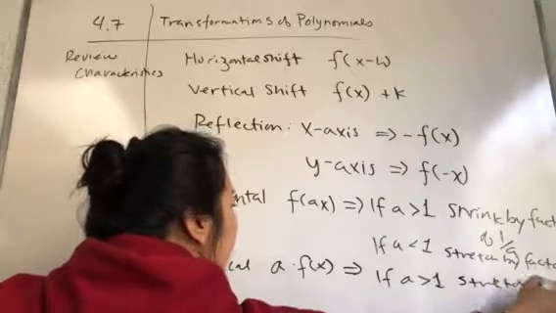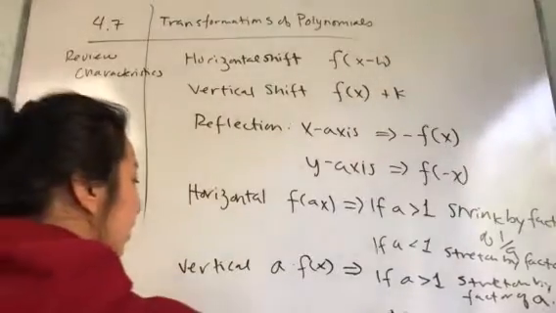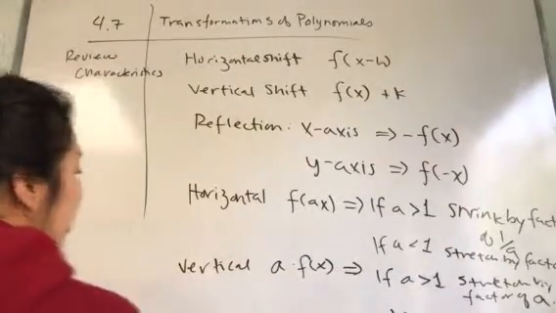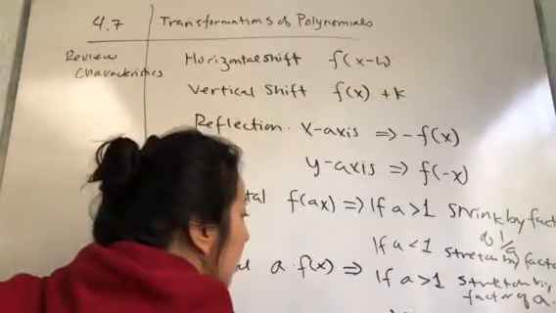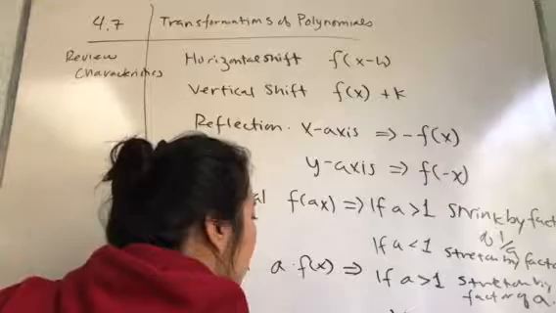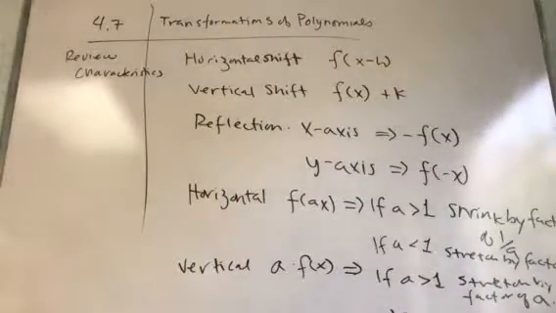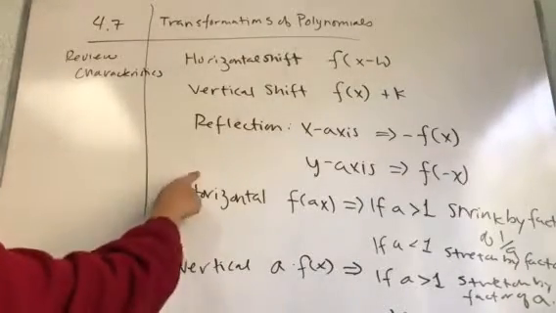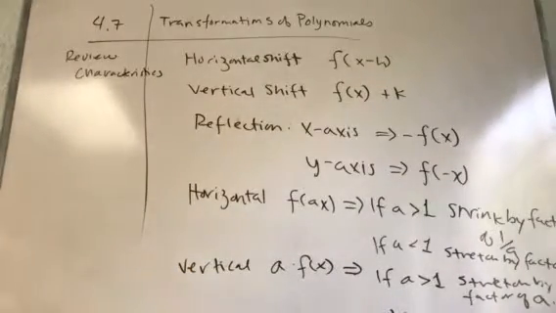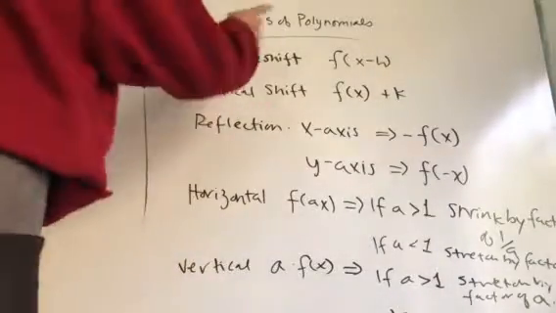If a is less than 1, you would be shrinking it by a factor of 1 over a. So this is just a general summary of things that you already know. We did these exact same kinds of shifting, reflecting, and stretching and shrinking with the parabolas. But now the only difference is that we're elaborating it to polynomials.